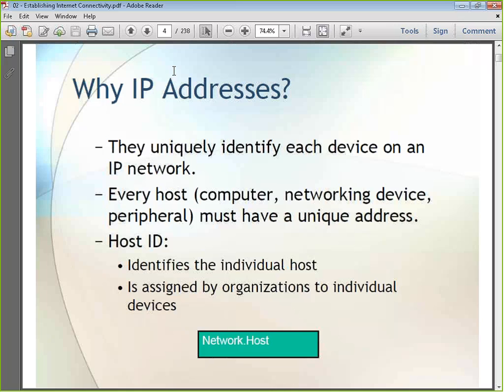It is like every person needs to have a different name, otherwise there would be confusion. Same way here, every device needs a unique address, which means a unique IP address. Now, with regards to an IP address, we need to understand a formula here. Let me quickly type it down for you.